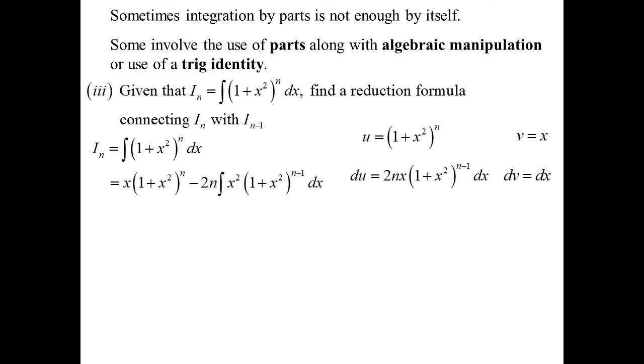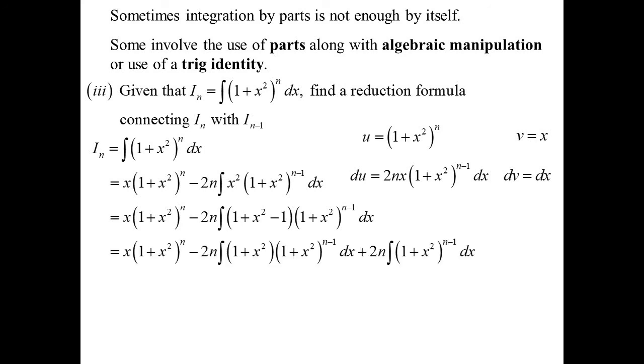Not quite my integral, but now I'll use the algebraic manipulation. So I want to create the 1 plus x squared there. So I'll say, okay, I'll make it 1 plus x squared minus 1, split that into 2 integrals, and we get x squared plus 1 x squared to the power of n, fair enough.